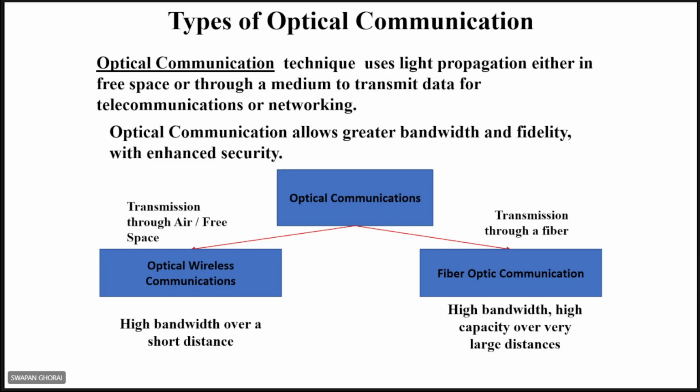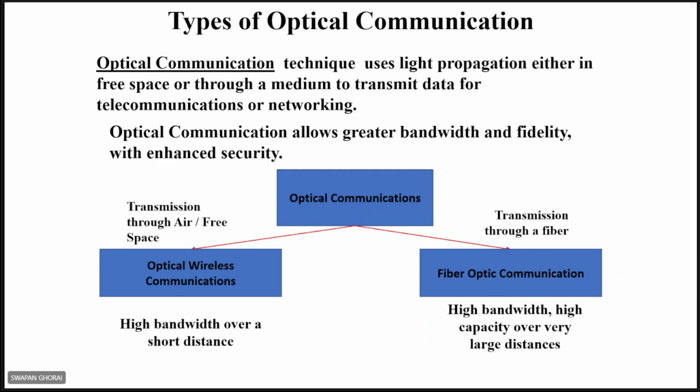So different communication systems are there in optical wireless communications, and there is also guided communication, fiber optic communication. So optical communication can be either guided or unguided. We will focus at this moment on the guided optical communication, that is through optical fibers.